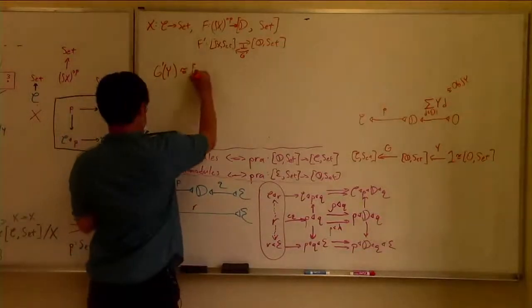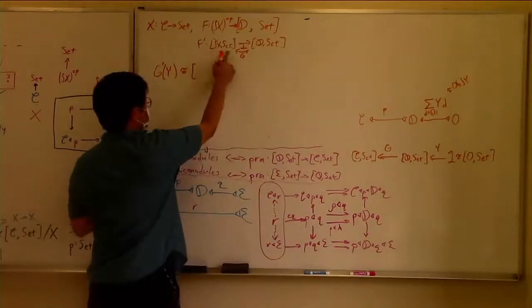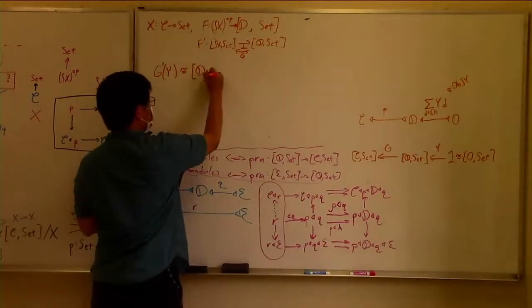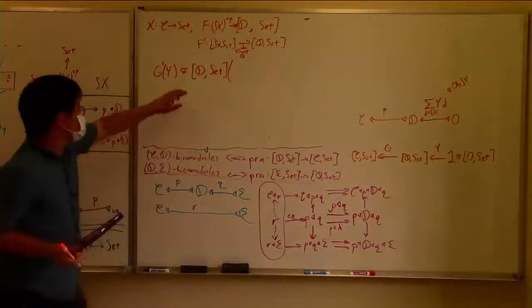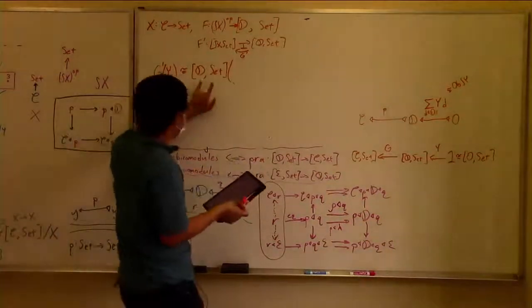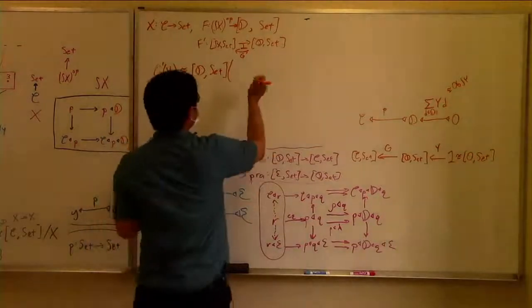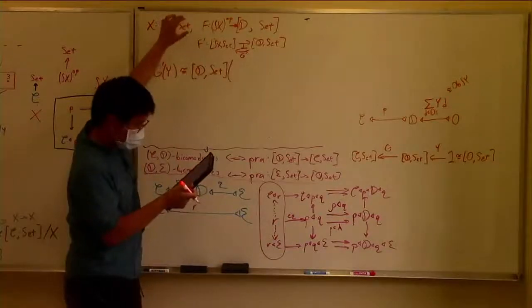Now, we need to give a functor from here to here. And so this is given by the set of natural transformations of two functors from D to set. One of them is this f here.